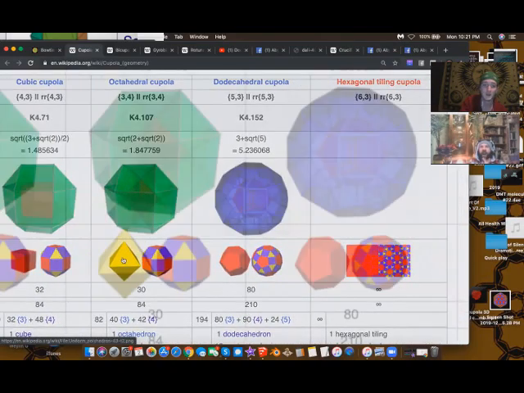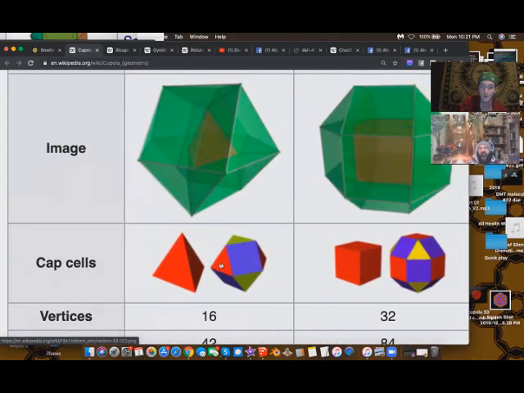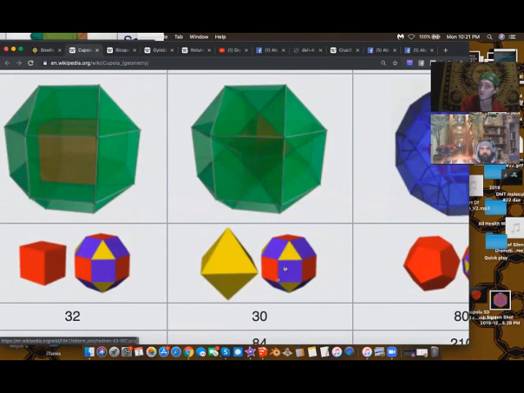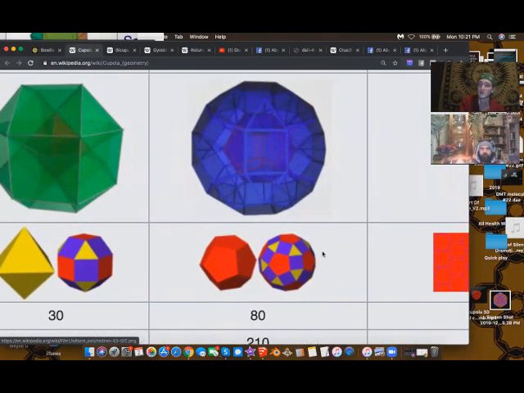And then it moves on, and you can see how the tiling goes from an equilateral triangle with 3 squares and 3 triangles around it to a square with 4 squares and 4 triangles around it. Again, a pentagon, 5 squares, 5 triangles.